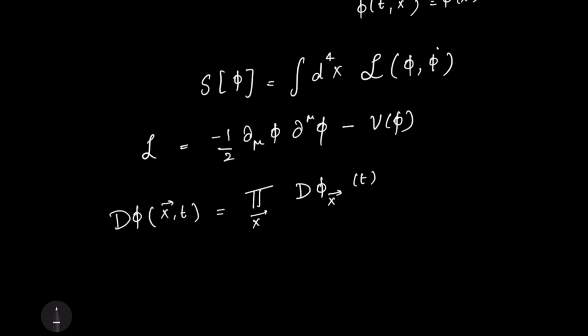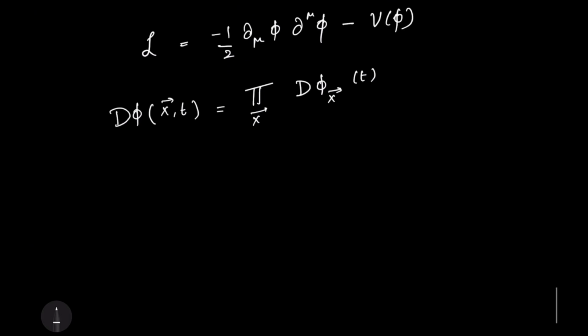Last time in quantum mechanics we have seen that it is dx1 dx2 etc., but here the dynamical variable is the field phi, so this has to be a multiplication over all the possible values of x for the fields. And here I can write the product over all the values of x and t, d phi x t, right?